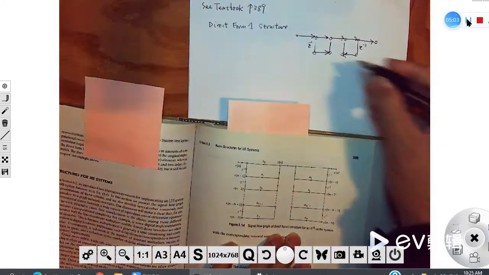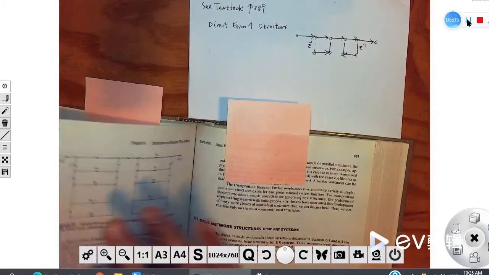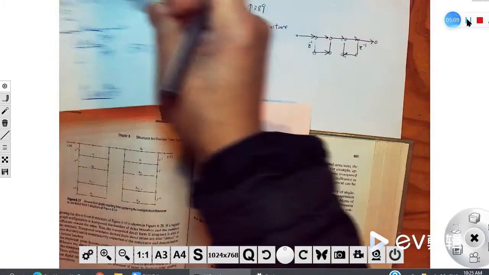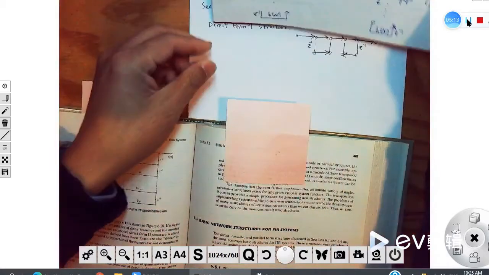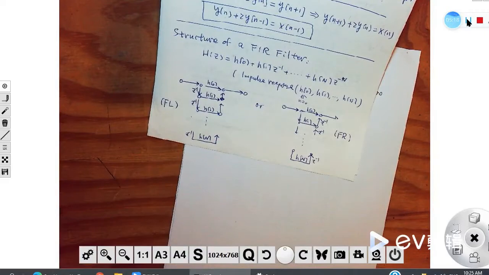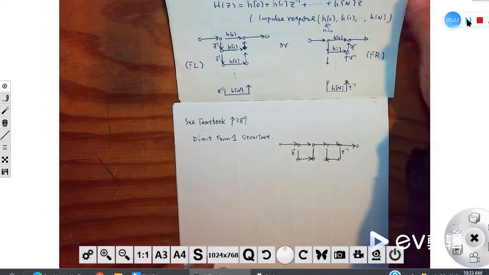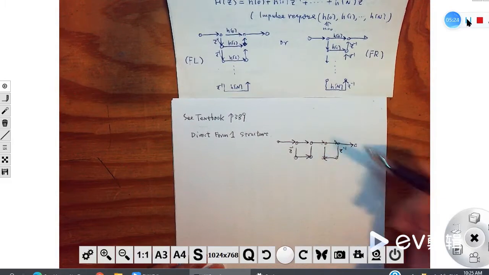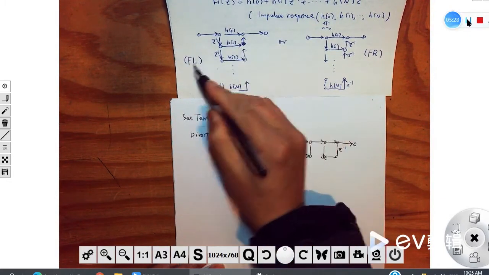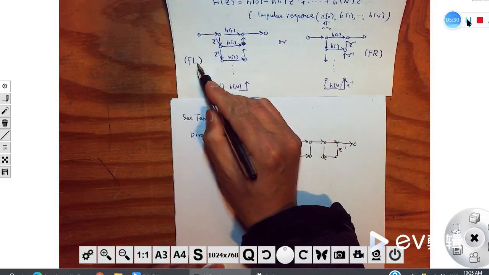And we have the notation like this. We use our notation here. This is forward, with the delay on the left side.